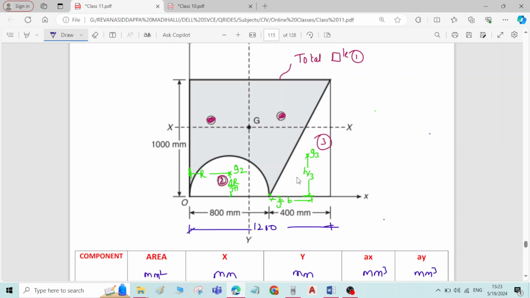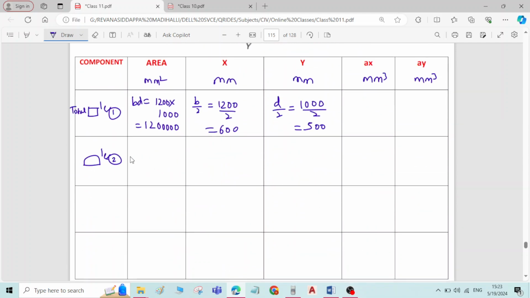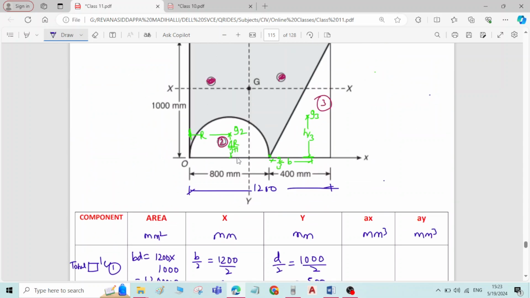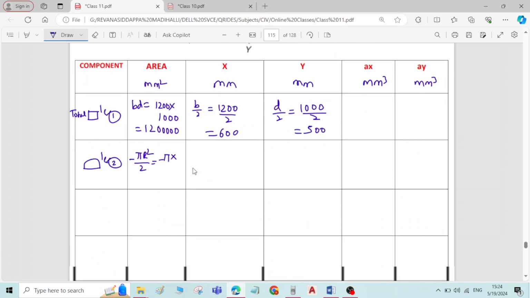That is why you have to deduct them to get the area of the shaded portion alone. So you take the negative sign. Don't forget the negative sign. Minus pi r square by 2, half of the area of the circle. The diameter is given, so the radius becomes 400 mm.